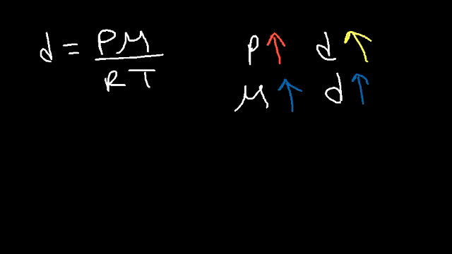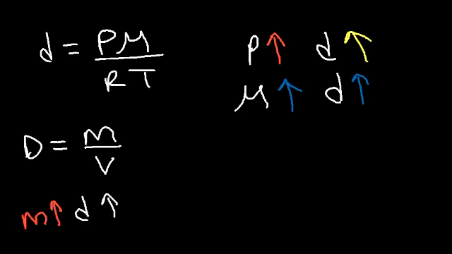It makes sense because keep in mind, density is mass over volume. So if you can increase the mass while keeping the volume constant, the density will increase. And because the volume is in the bottom, whenever you increase the denominator of a fraction, the value of the entire fraction decreases. So if you increase the volume of a gas, the density should therefore decrease.